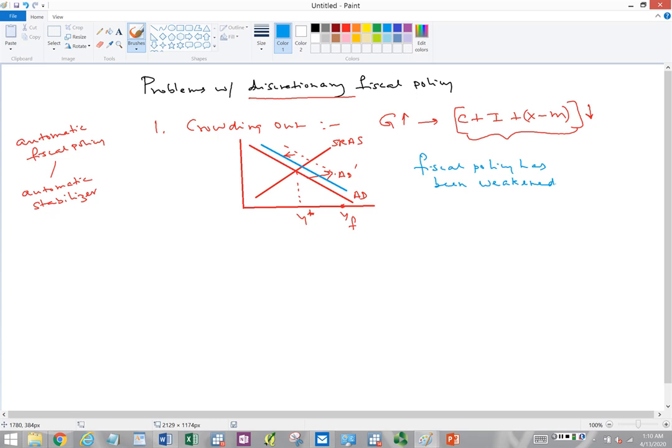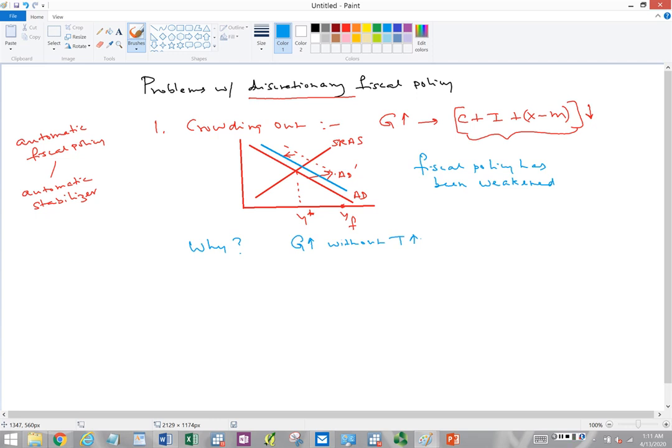Now you might ask, well, why does crowding out happen? And the commonest explanation is as follows. Let's say the government increases its spending without increasing taxes. Remember, with expansionary fiscal policy, G would actually go up and T would have to go down and not up.